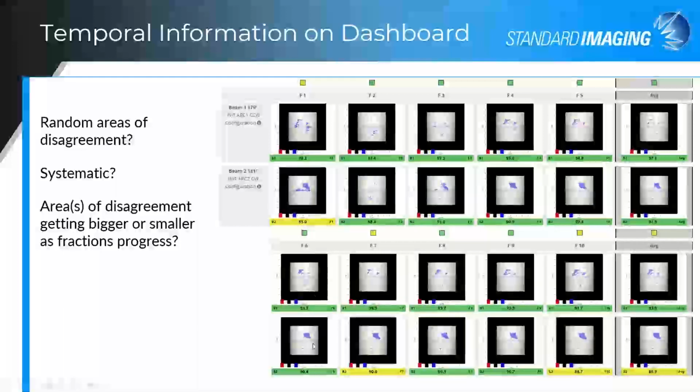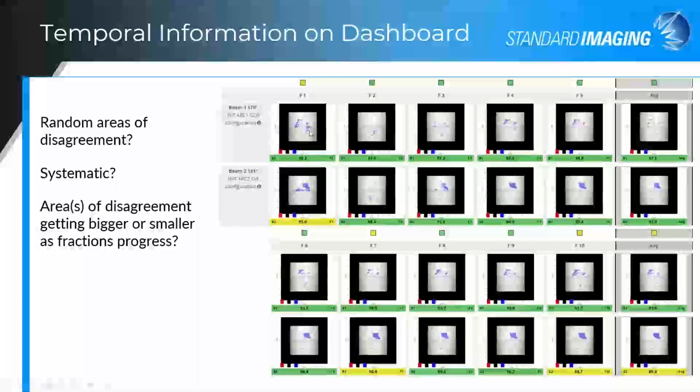And then I included a snapshot from the software where you can scroll across, and this includes fraction 6 through 10 with the average of 6 through 10. So what this does with this, what I call temporal information, because you can see fraction 1 all the way through fraction 5, and if you had 25 deliveries, you can scroll all the way across.